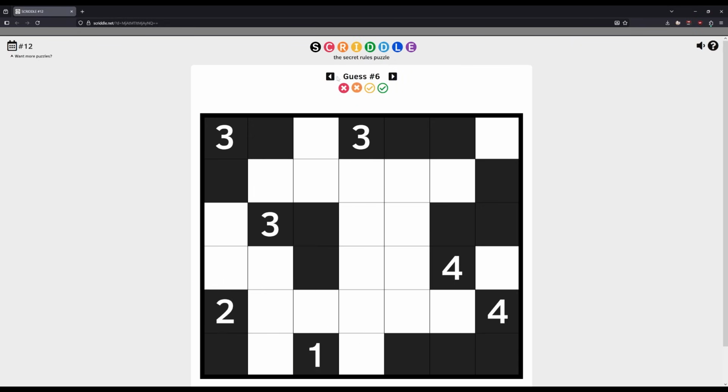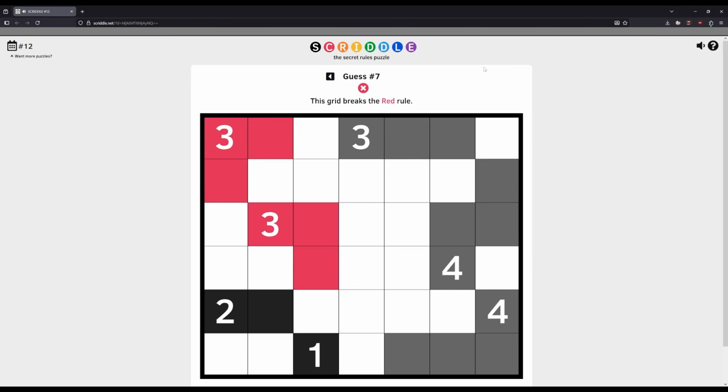Alright, so still breaking red, and ooh, that's interesting. Look at that. We changed almost nothing, but now this breaks the orange rule. So I'm kind of feeling like they need to touch diagonally? That would be a crazy reason. That would be a kind of wild rule for a puzzle.